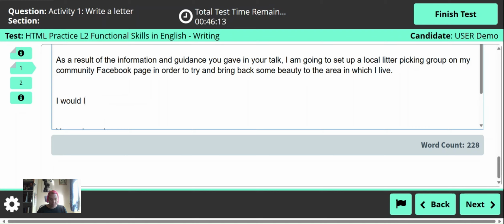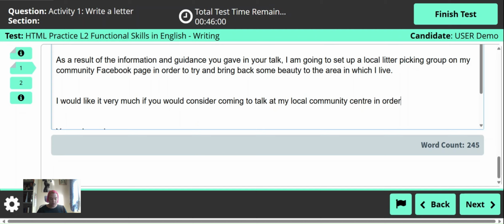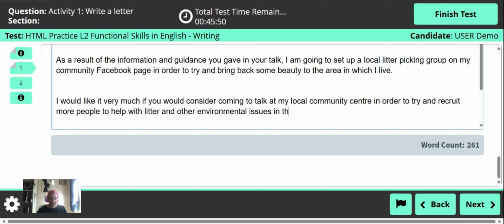I would like it very much if you would consider coming to talk at my local community centre in order to try and recruit more people to help with litter and other environmental issues in the local area. And look at that, we have hit that 250 words.